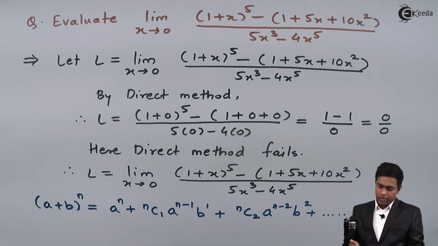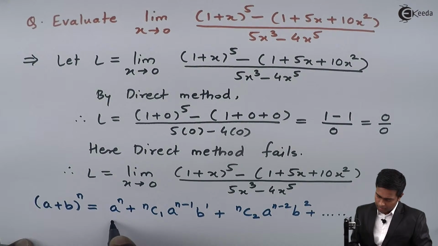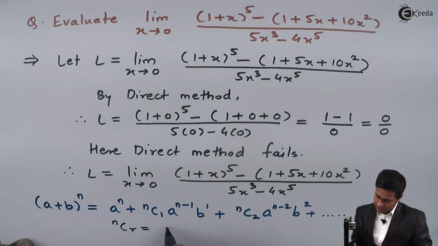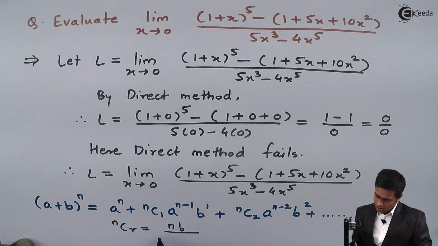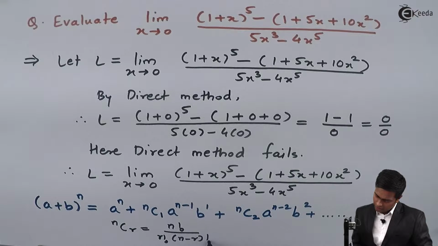And the value of nC1 we can find out by using the formula nCr, that is n factorial upon r factorial into (n minus r) factorial.